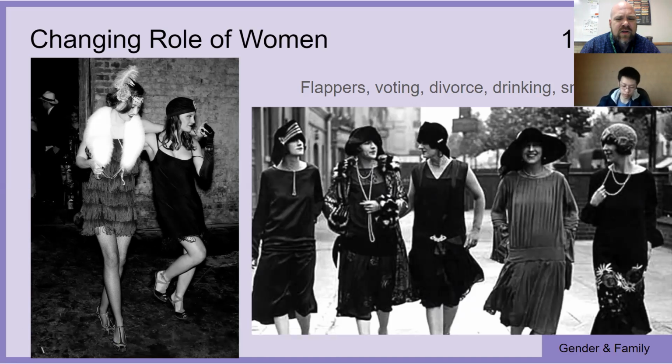To give you an idea here, it was illegal for women to cut their hair. It was illegal for women to show their legs. It was illegal for women to smoke, right? These things were all illegal at the time, but the women of the 1920s just start doing it anyway. And eventually society just accepts the change, because so many women are doing it.